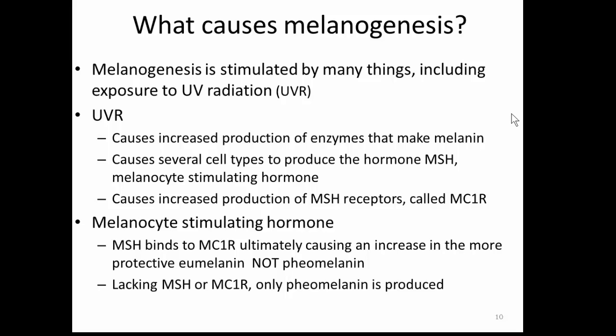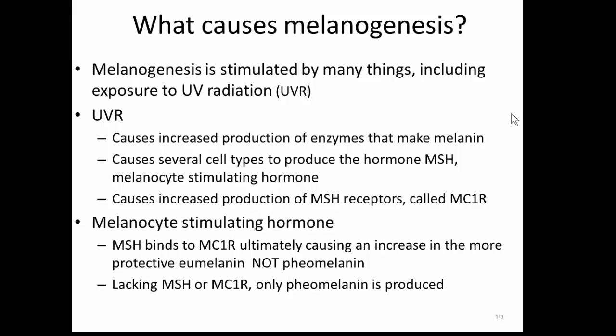UV radiation exposure also can increase the number of receptors for melanocyte stimulating hormone. So MSH is a hormone, which means it's a chemical messenger. And chemical messengers bind to receptors on their target cells. And once the chemical messenger binds to the receptor, some sort of change happens in that receiving cell. So the receptors for MSH are called MC1R receptors.